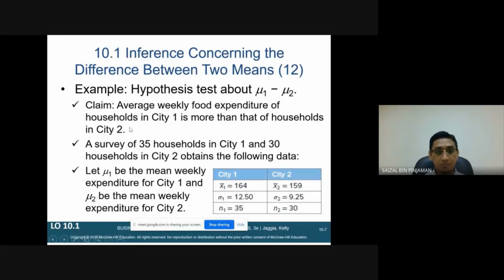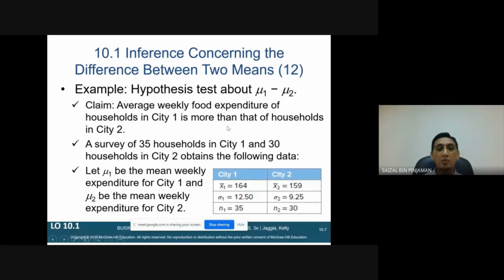So this sentence here will help you to construct the alternative hypothesis. Just as I mentioned just now, a claim always belongs to the alternative hypothesis. Once you have created the alternative hypothesis, you can directly create the null hypothesis. And as I mentioned before, in order to determine whether you are conducting a one-tailed test or a two-tailed test, and if it is a one-tailed test, whether you are conducting a left tail or right tail test, you need to refer to certain keywords.